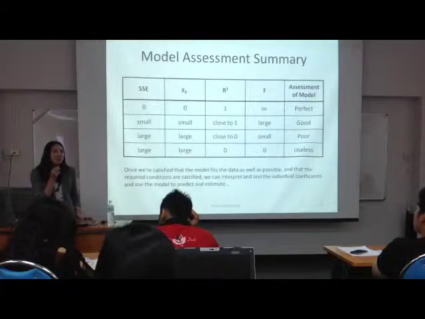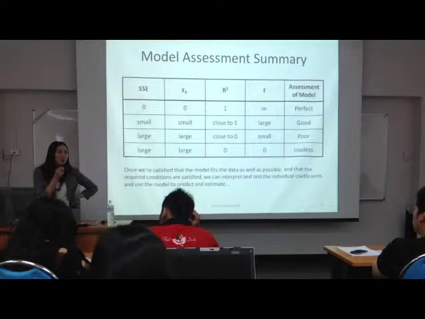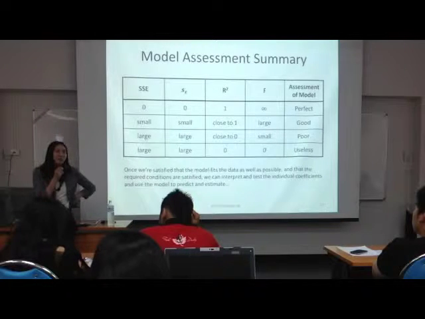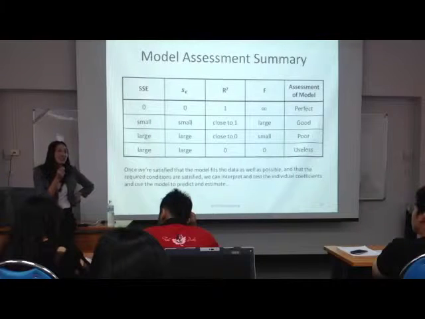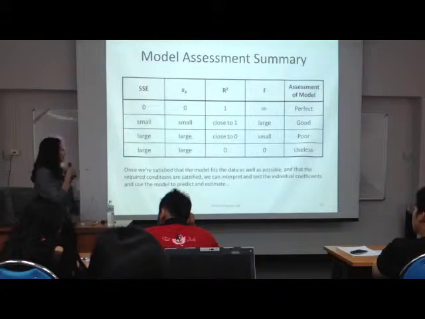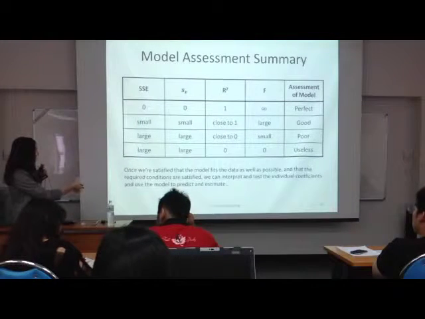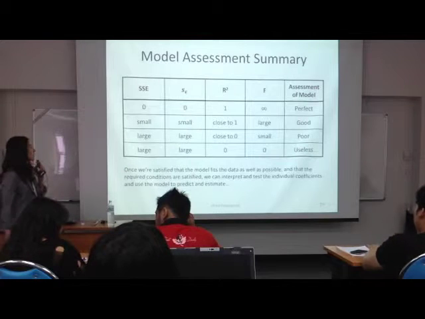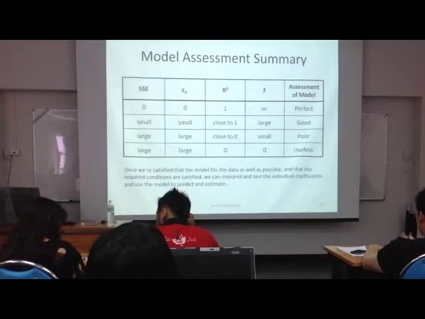How can you interpret it? 0% of the variation of y can be explained by the independent variables. That means 100% is unexplained. It's not good. And then we have the F value, which is 0.